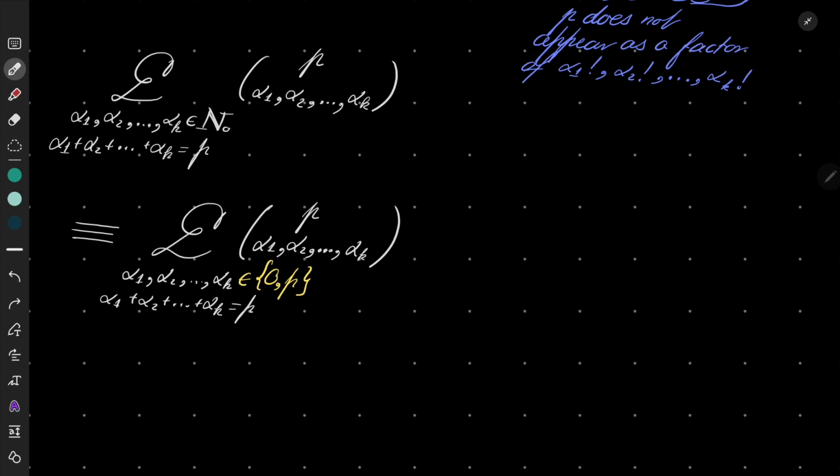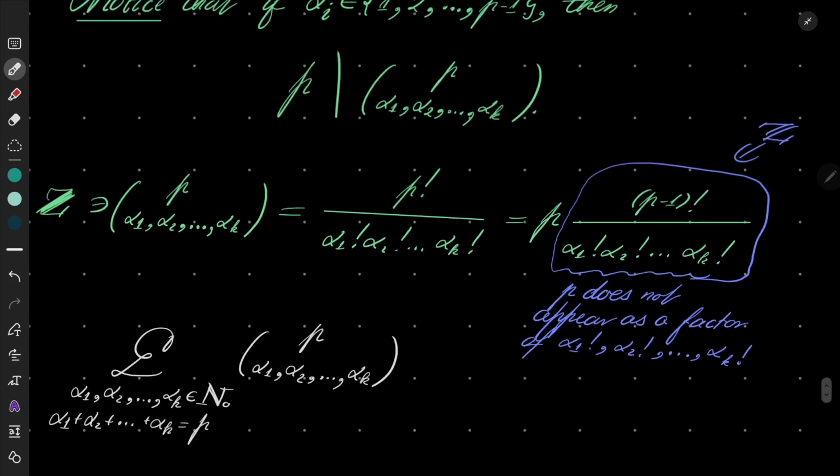Well, from our k indices, we must choose one to be equal to p, and every other must be equal to 0. So there are exactly k choose one ways, which is exactly k. It's modulo p, of course. Okay, and let's go back.